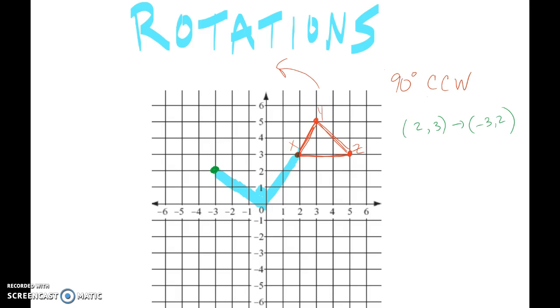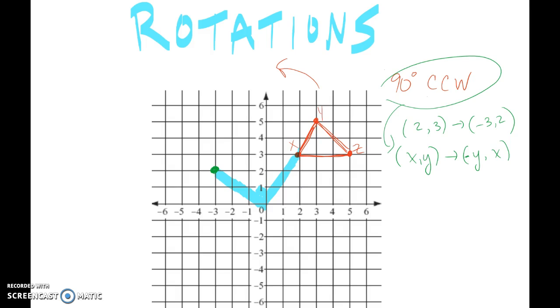That makes sense to some people, or some people just want to look at this and go, okay, so what you really just did, Miss Mink, was you took the X and the Y and you flipped them, right? You put Y in front of X, but you also had to make that guy negative. So some people want a rule to memorize. There's your rule to memorize if that's you. If it's not you, then just draw it and move it to the correct spot.